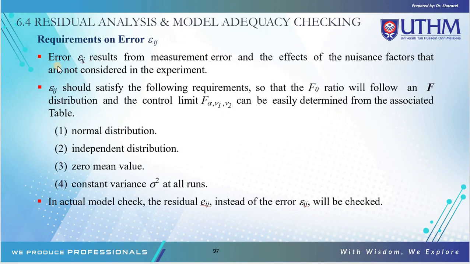In ANOVA, the error should be the measurement error, and it is the effect of the nonsense factors that are not considered in the experiment. That is another assumption of the error.